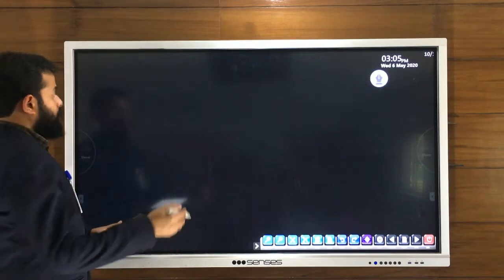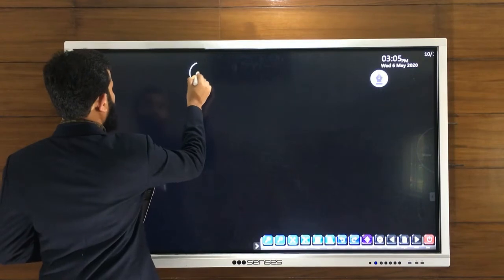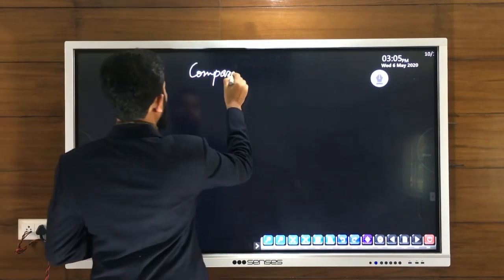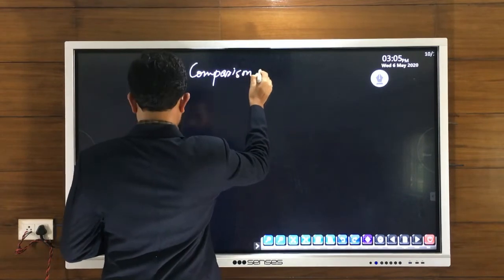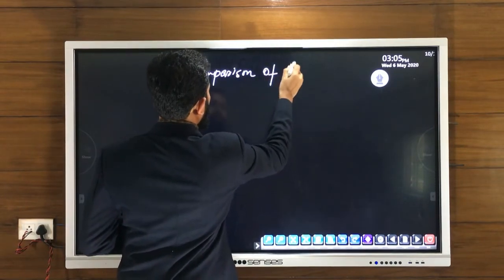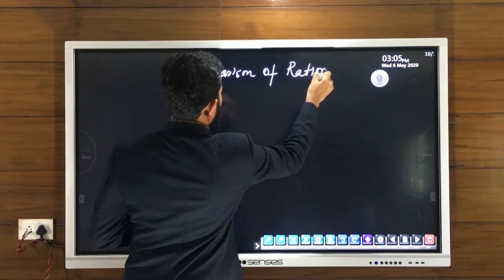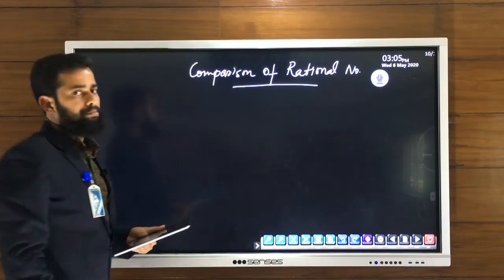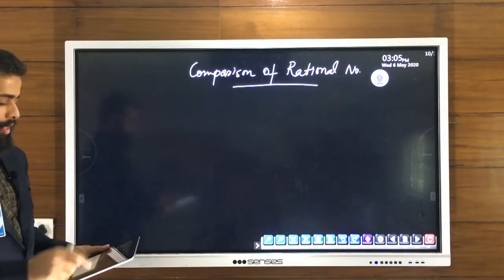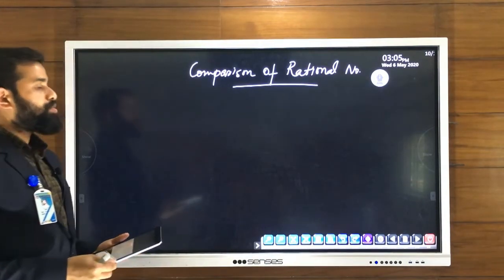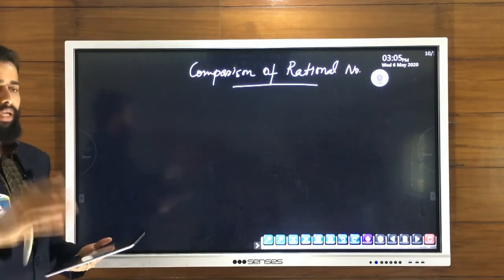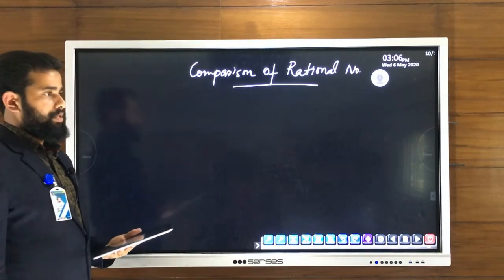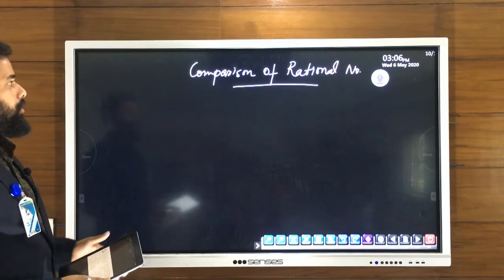Now, the next topic: comparison of rational numbers. That means we are comparing two rational numbers and trying to find out which is the greater number and which is the smaller number.